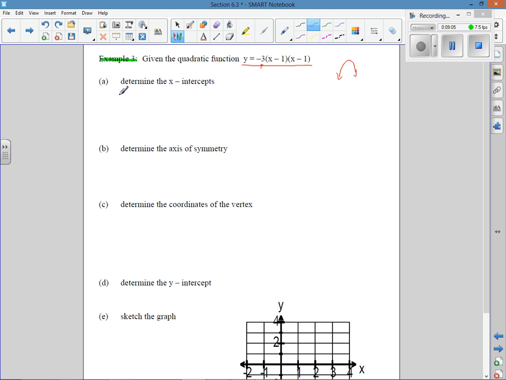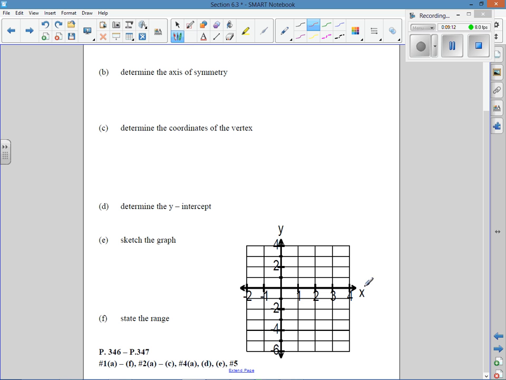The x-intercepts, we say the y value is 0. So when you're looking for x-intercepts, you know that anywhere on this axis here, the y value is going to be a 0. So again, anywhere across here, y value is 0.